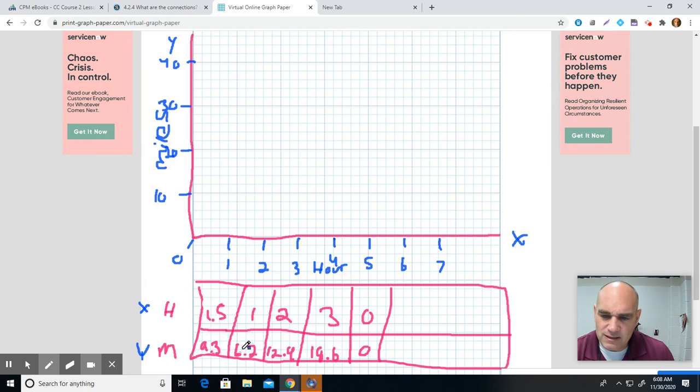All right, so let's plot some points. 1.5 is 9.3. So if I start putting in some dots, 1.5 is right here, and I go up, and it's going to be 9.3.